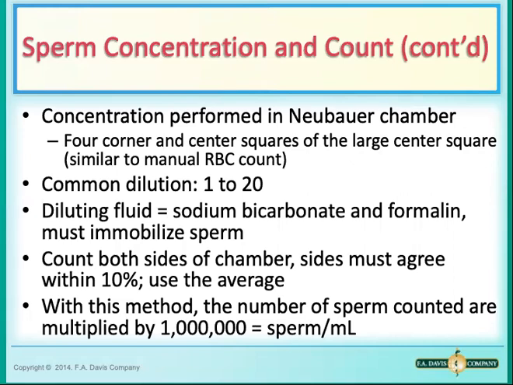The presence of more than 1 million spermatids, or immature sperm, can indicate disruption of spermatogenesis, and that can be caused by infections as well, such as viral infections, exposure to toxic chemicals, or genetic disorders.